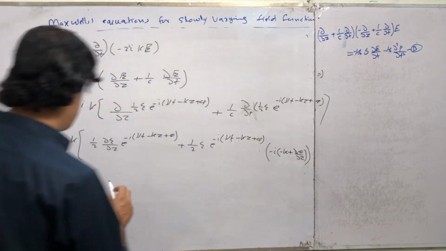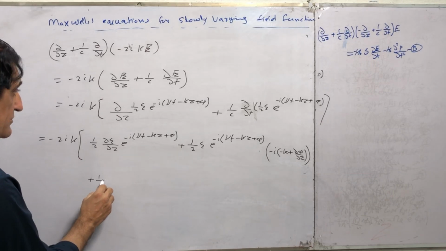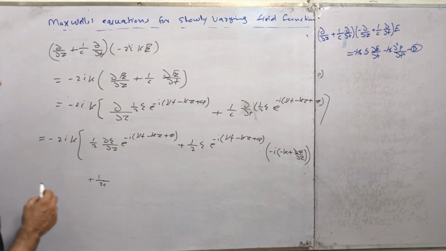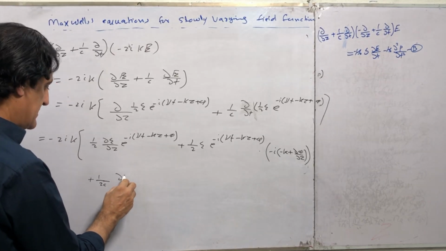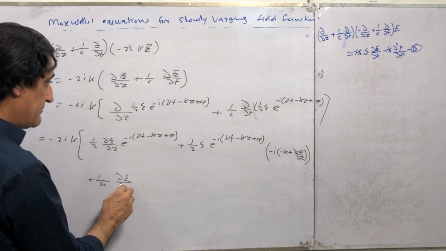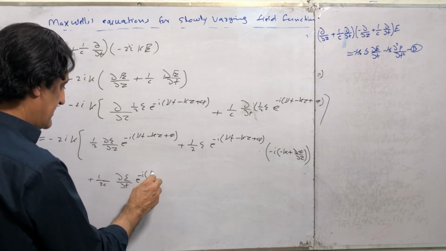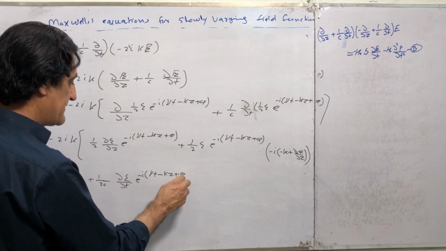And the second term, this one, plus 1 over 2c, partial e divided by partial t, e to the power minus iota nu t minus kz plus phi.